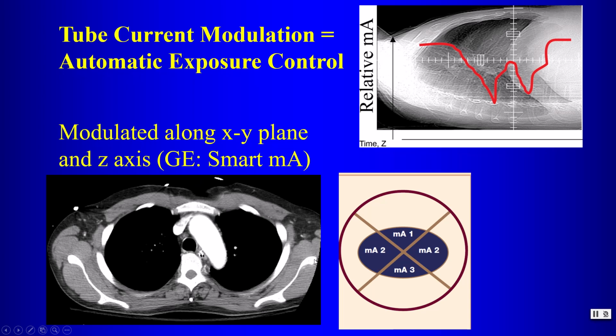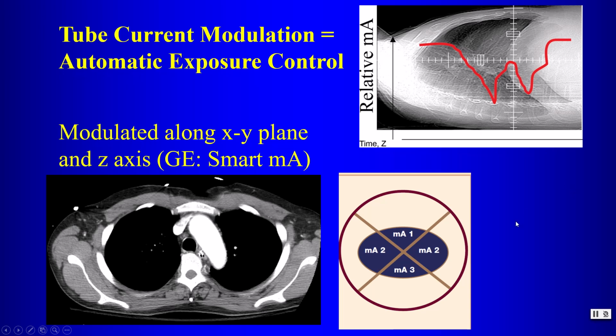But when we're going here through the side, where we're going through a thicker amount of soft tissue, here we would want to increase the mA. And so we do the same thing when we get to the abdomen. So there we would change the mA along the Z axis because the tissues are much thicker.